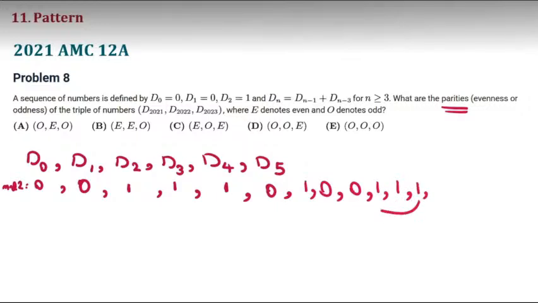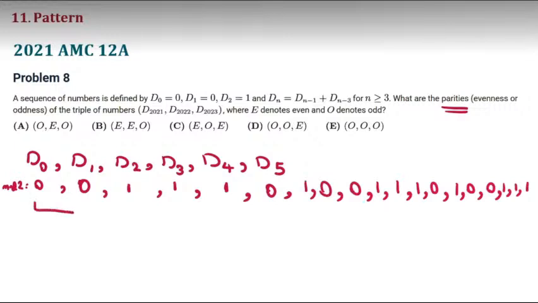Sorry, 1 plus 1 is 0. 0 plus 1 is 1. 1 plus 1 is 0. 0 plus 0 is 0. 0 plus 1 is 1. And again, 1 plus 0 is 1. 1 plus 0 is 1.